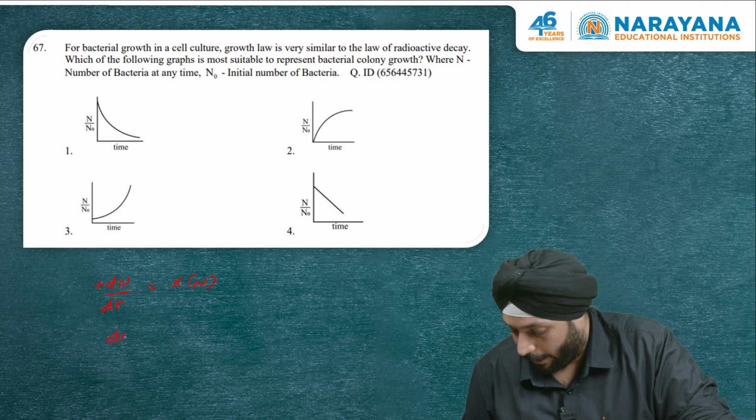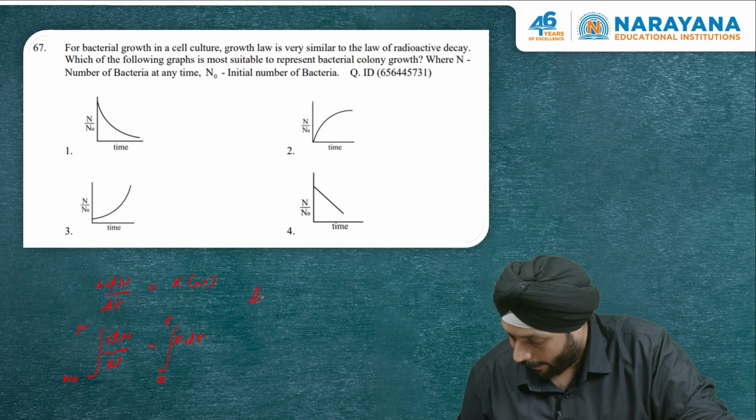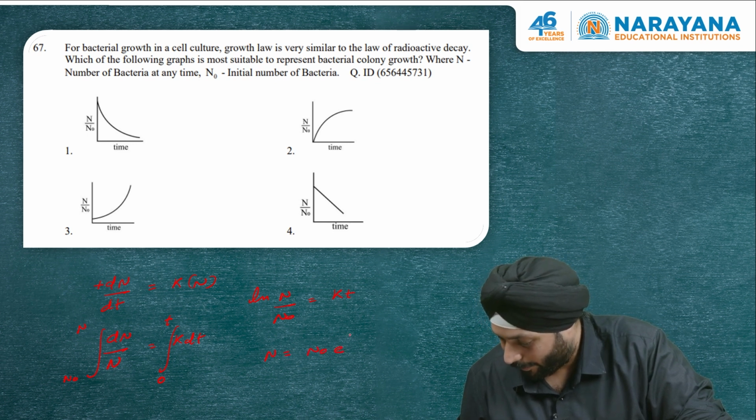So dn by n equals k dt. Now integrate. At time t equals 0, it is n naught. At time t equals t, it is n. So I will get ln n by n naught equals kt, and n equals n naught e raised to power kt.